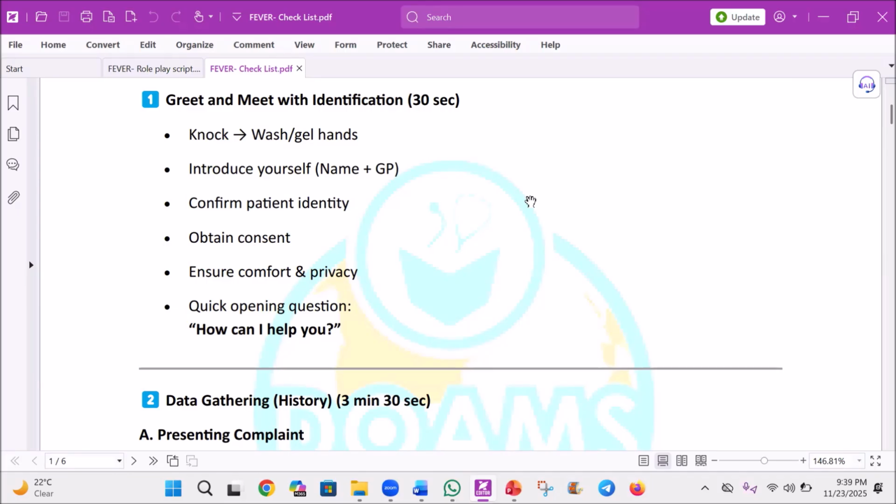The confirmation of identity is mandatory, no doubt. But how you are confirming? You can confirm by saying, may I confirm your name and age? This is one of the very direct ways. But an indirect way is, good morning, Mrs. Akhtar. So what you are doing now? You are introducing, wishing, as well as confirming the name.